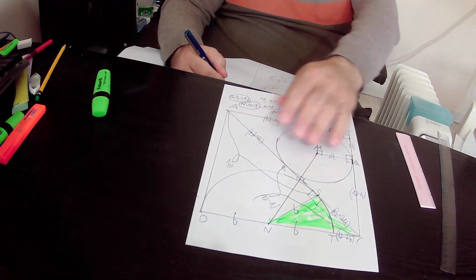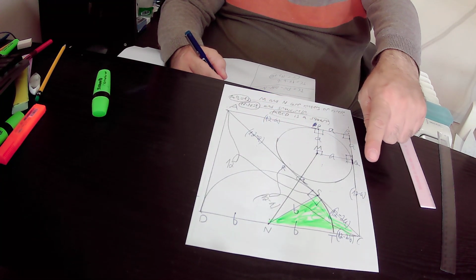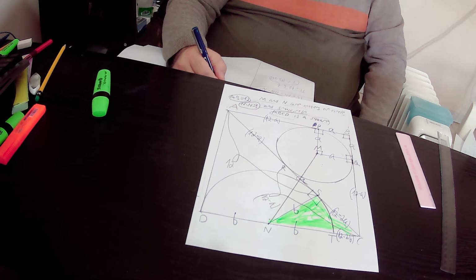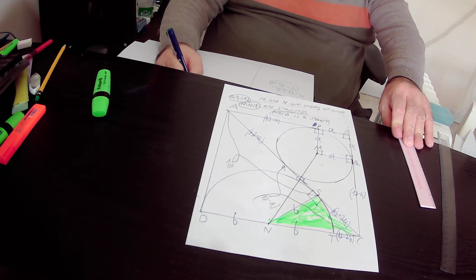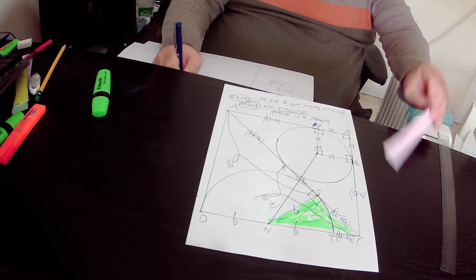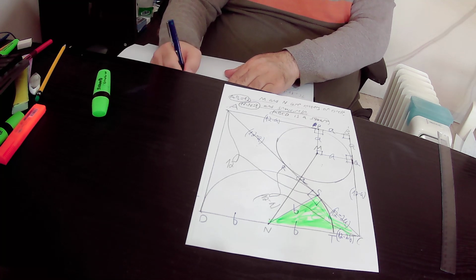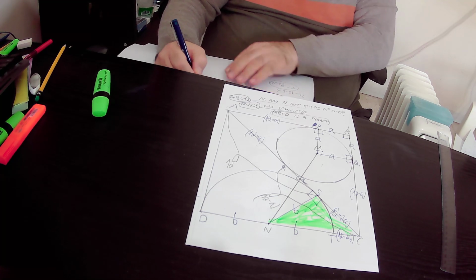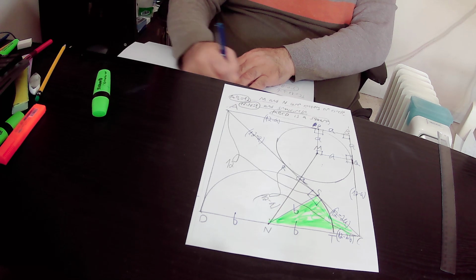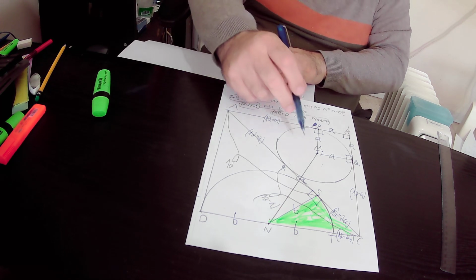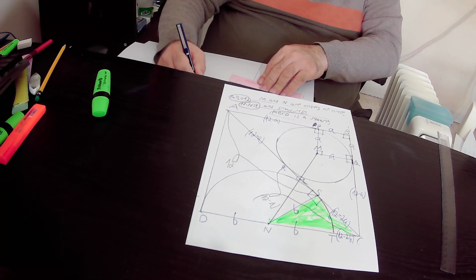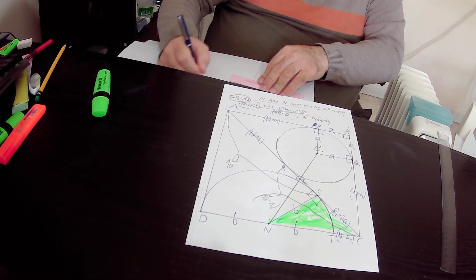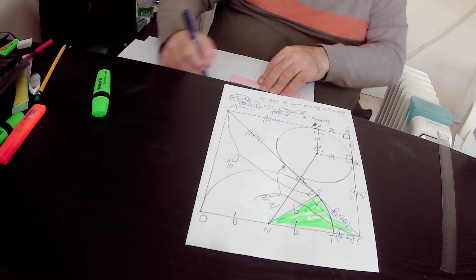The hypotenuse of this right triangle is NC. Therefore, the square of the hypotenuse is NC squared, and it must be equal to the sum of the squares of the perpendiculars, that is to say, NS squared plus SC squared.